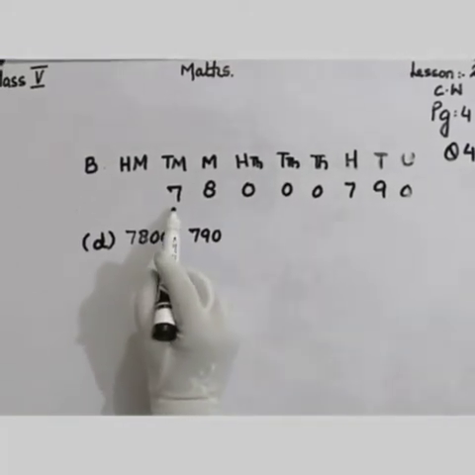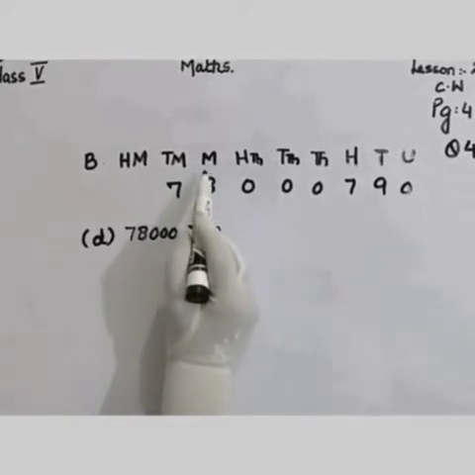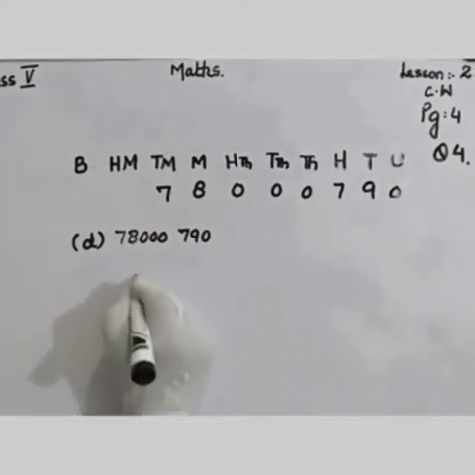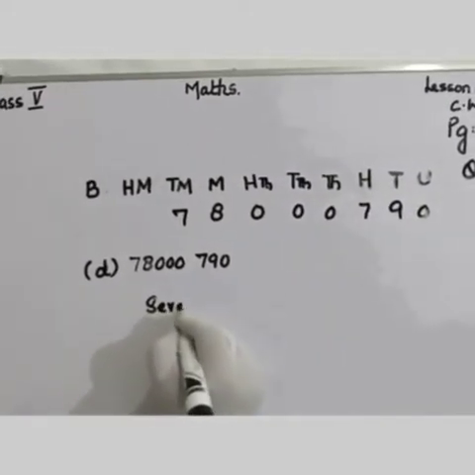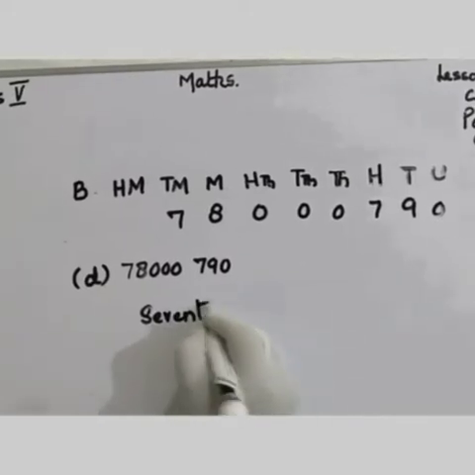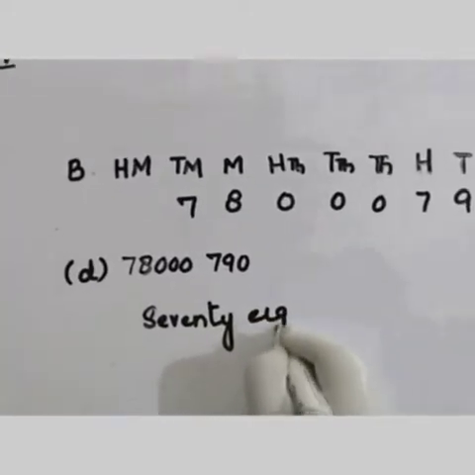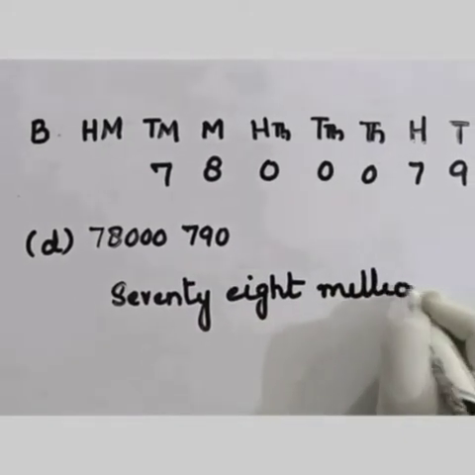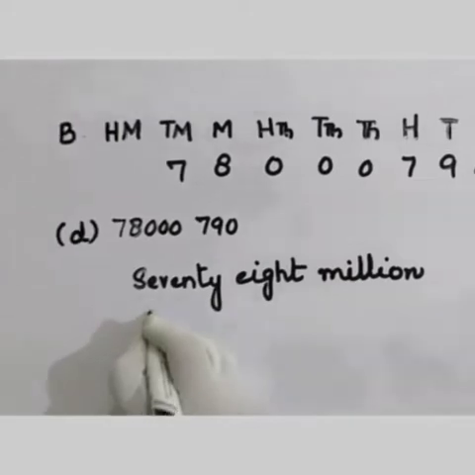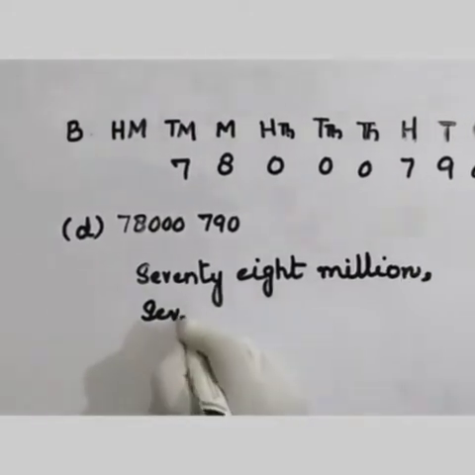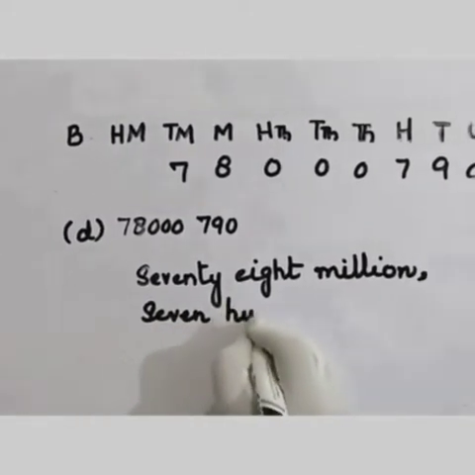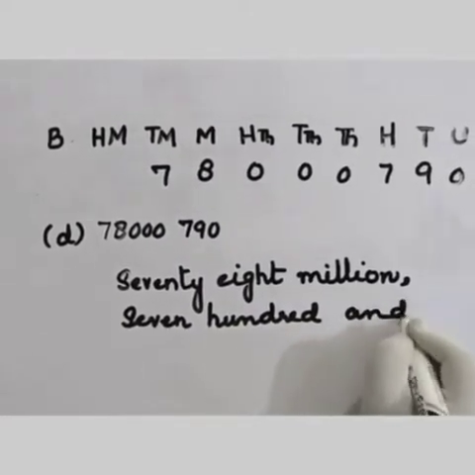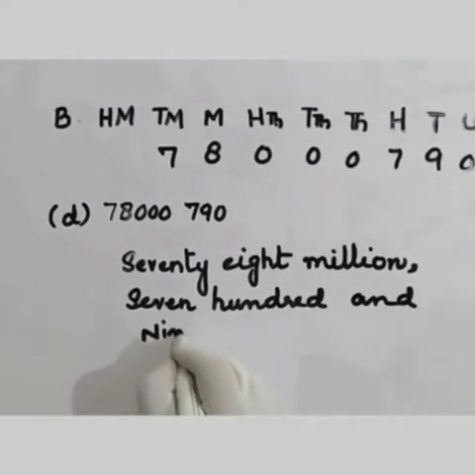It is 78 million and 790. 78 million, 700 and 90.